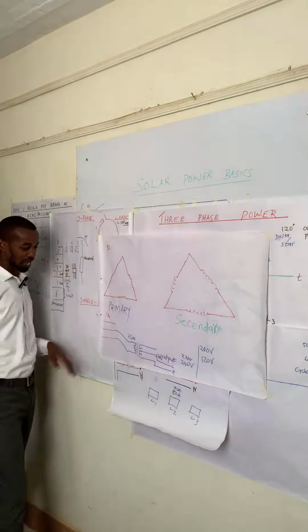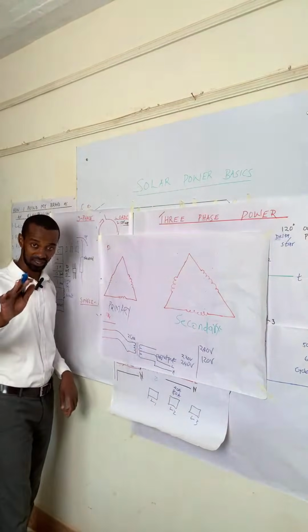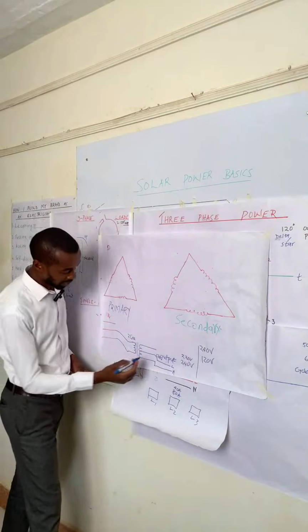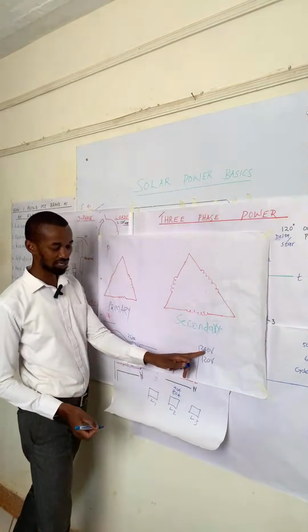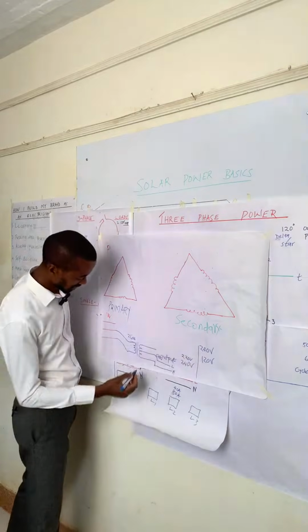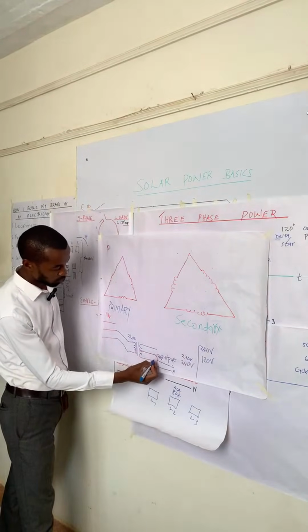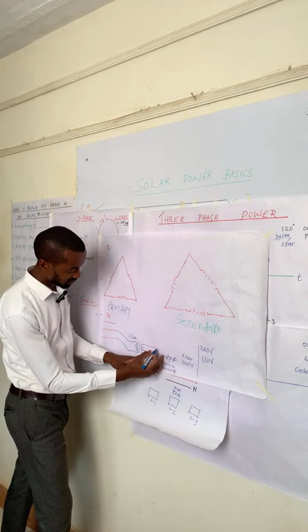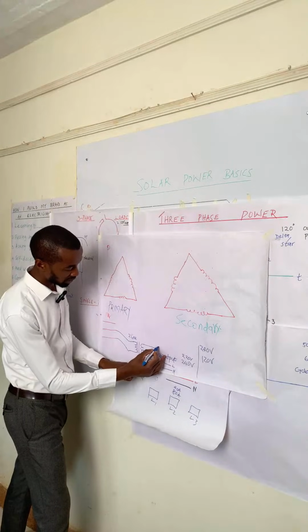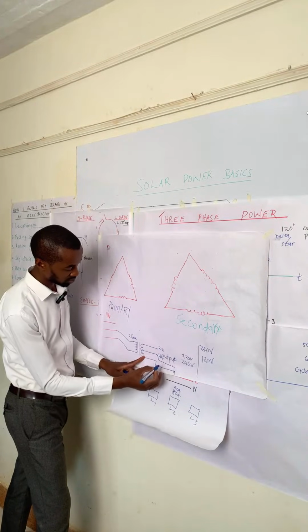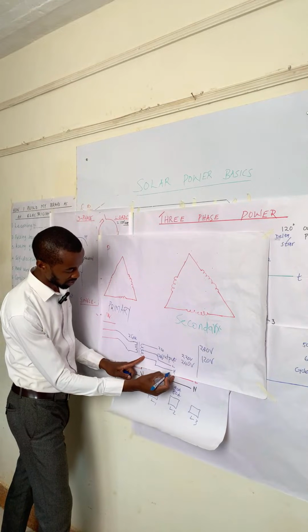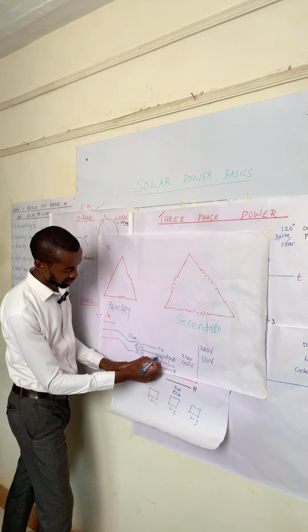So for US customers who require a voltage supply of 240 or 220, the transformer, represented by this diagram, will give 220 volts, and then we will also have the center tap.